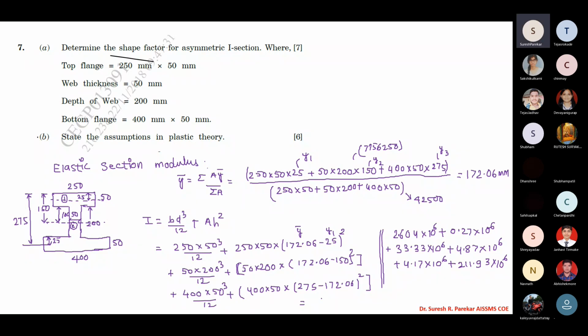I got 257.17 into 10 raised to 6. Check.